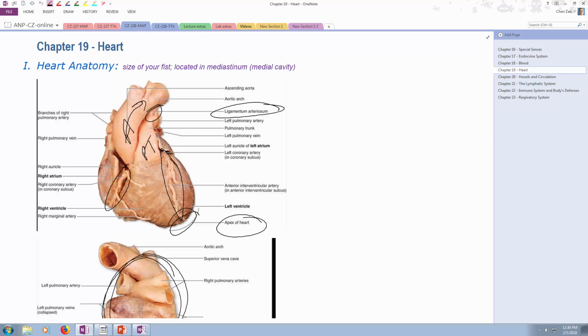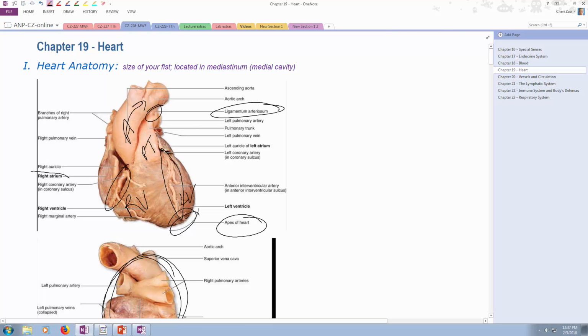Now, since we found our anterior interventricular septum, this is a ventricle, I will tell you, and this is a ventricle. What is the anterior-most ventricle that you see? It's the right ventricle. Our left ventricle actually makes up the left margin of our heart.